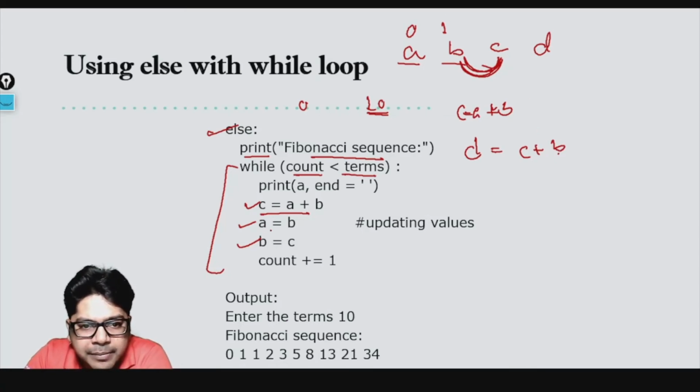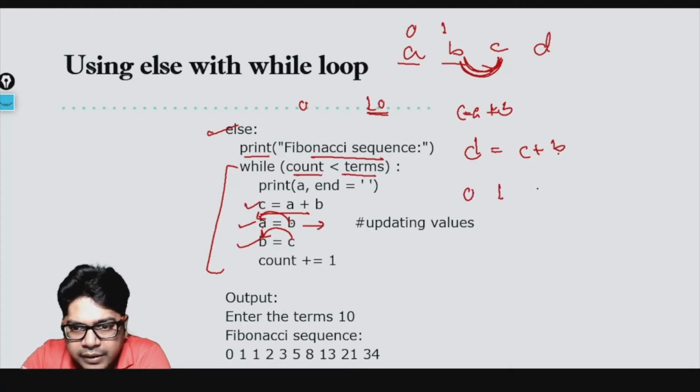That is the reason I gave the value of the second term to the first term. Let me explain it one more time. Suppose we have 0, 1, and then we got 1, which is c, right? Next time when I want to find the next term, my a should be this one and my b should be this one, isn't it?